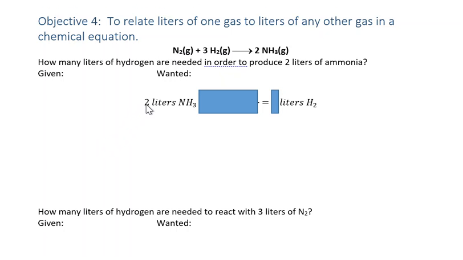So this 2 is the 2 liters of ammonia that we are given. And what we want to know is how many liters of hydrogen are produced. My relationship between ammonia and hydrogen is 2 to 3. So for every 2 liters of ammonia, there are 3 liters of hydrogen.